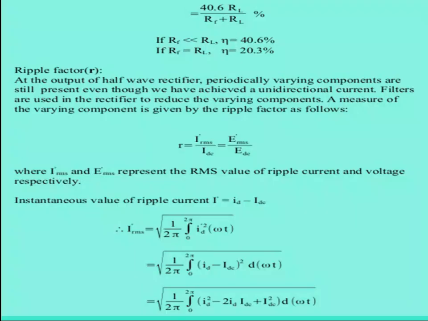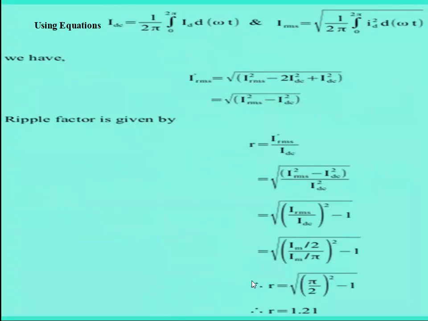That means how much residual part is present, that we have to calculate. So the instantaneous value of the ripple current we can find as ID minus IDC. This is simple mathematics. We do the integrations, and then we can find the value of the ripple current.